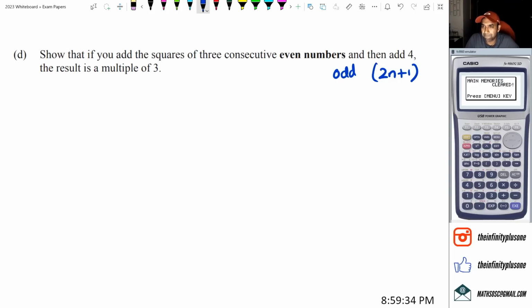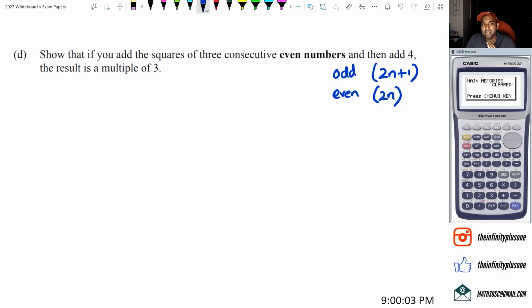It's just the way it is, because if you put n equals 0, you get 1 as your number, and then if you put n equals 1, you get 3, and then 5, and then 7, and so on. And if you have even numbers, you write it as 2n. So if n equals 0, you get 0, then if n equals 1, you get 2, then 4, 6, and so on. So this is really important.